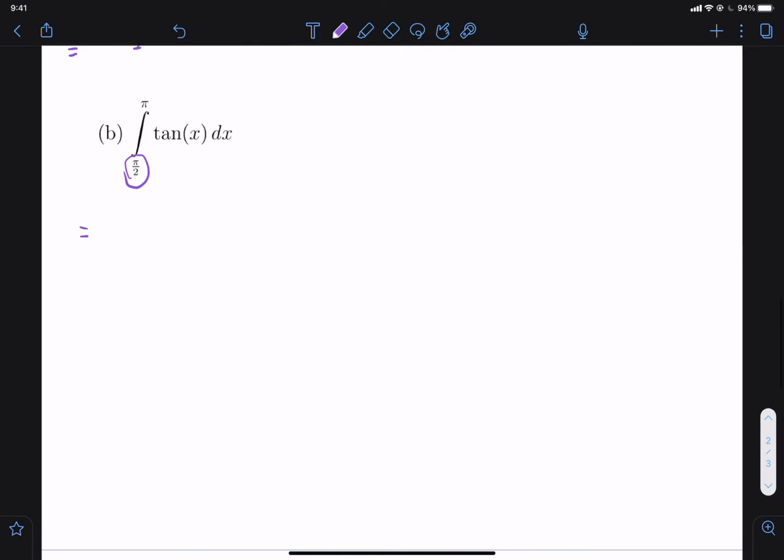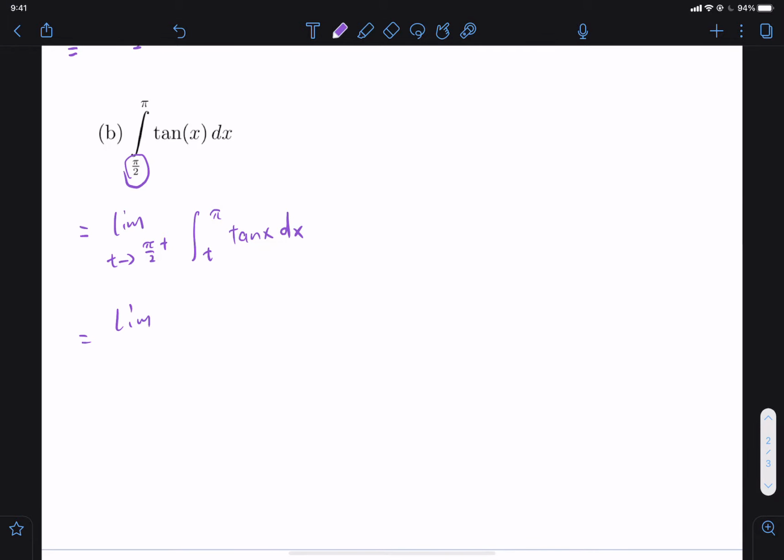So as long as we recognize it, we can turn that into the limit notation. This time it's going to be t goes to pi over 2 plus, because the interval is from pi over 2 to pi, so t should be greater than pi over 2. So this is going to be the integral from t to pi of tangent x dx, right?